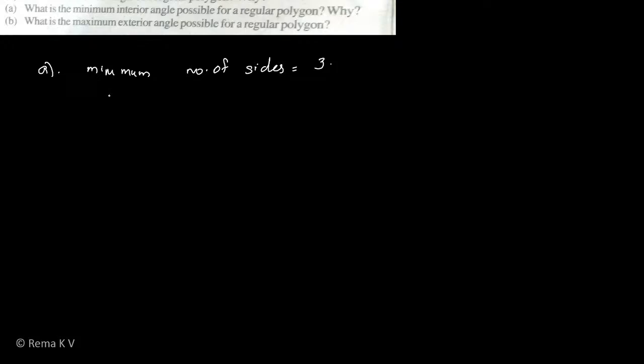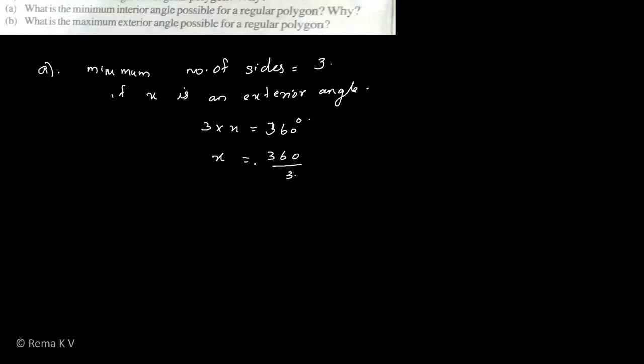And if x is an exterior angle, 3 into x gives 360 degree. Then x is equal to 360 by 3. Isn't it? See, the minimum number of sides for a polygon is 3. That is a triangle, a 3-sided polygon.